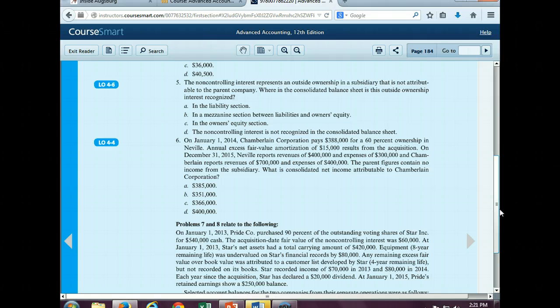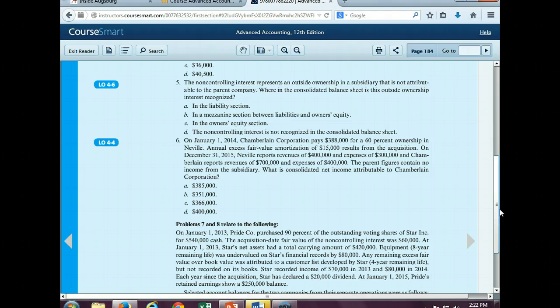So we need to break out the non-controlling interest. So 400 minus 300 is 100. And then we have to take into account that 15,000 amortization, right? So what's their net income of the subsidiary? 85.